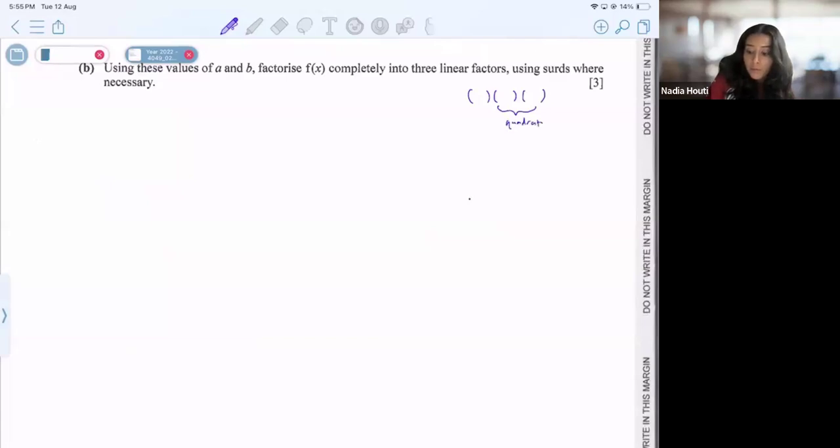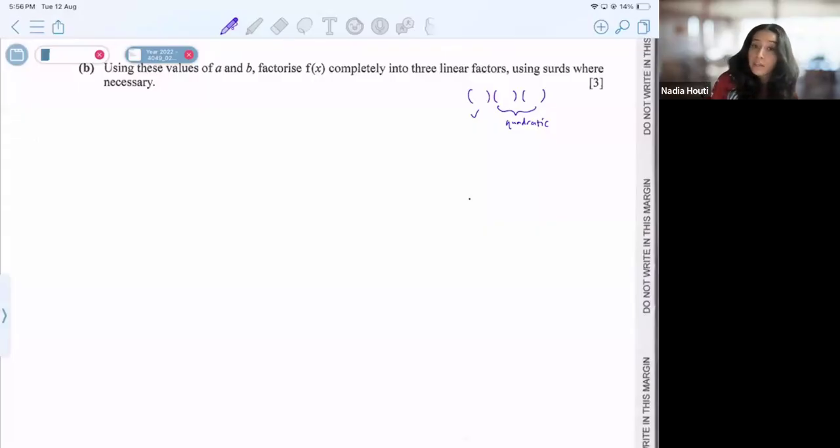So if you already have one linear factor, you can first represent that polynomial of degree 3 as one linear factor times a quadratic, and then further break down that quadratic into two linear factors. That's a pretty standard method of factorizing a polynomial of degree 3 into three linear factors.